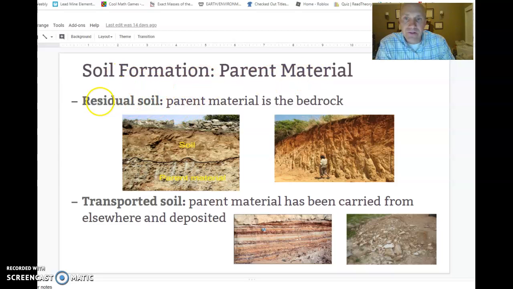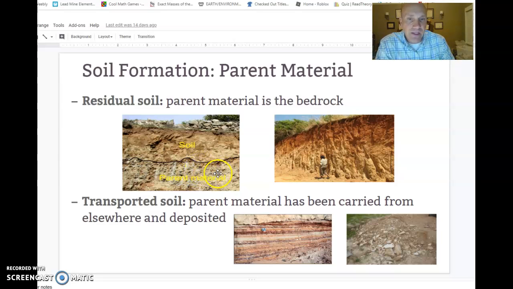There are two definitions here: residual soil and transported soil. Residual soil is when the parent material is the bedrock. You can see an example of that right here. This is rock down below, and this is soil above, and essentially all this soil is the parent rock down here that just got broken up into smaller bits.